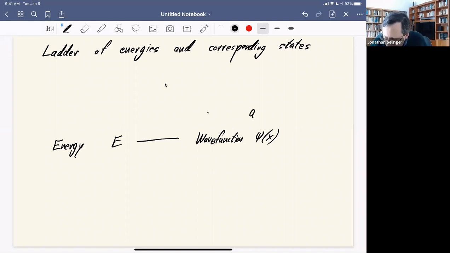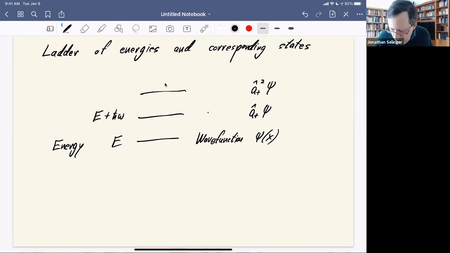Here's A plus psi, and that has an energy E plus h bar omega. I could hit it with A plus again. So here's A plus squared psi, and that makes a rung on the ladder there. That has an energy which is E plus 2 h bar omega. And so on, going up.